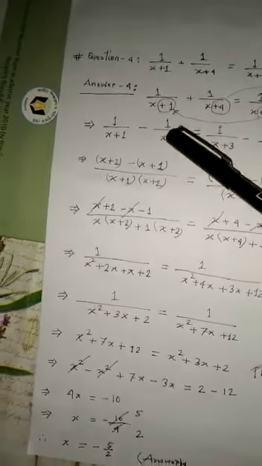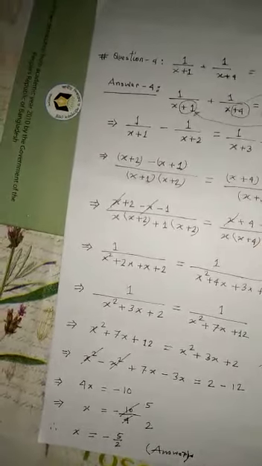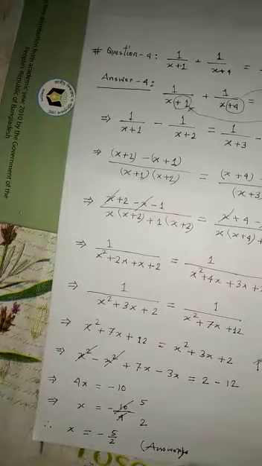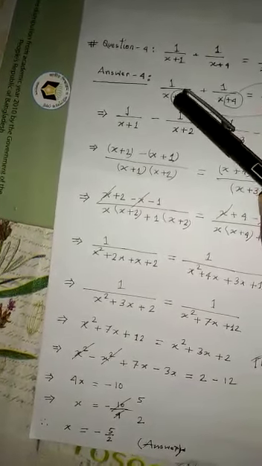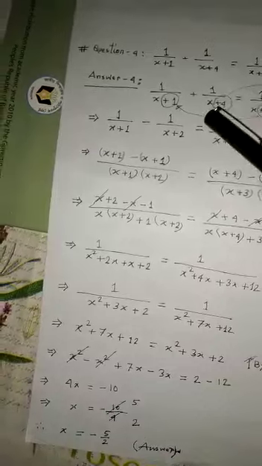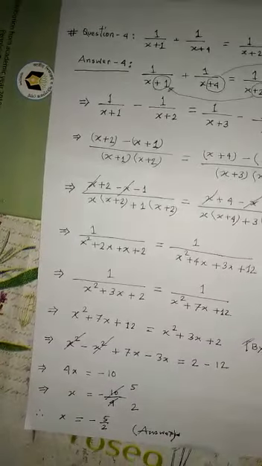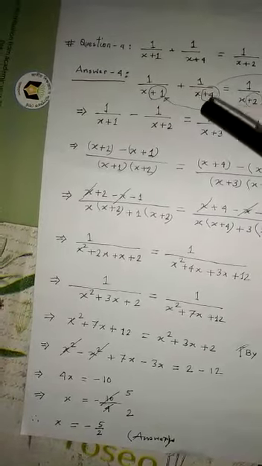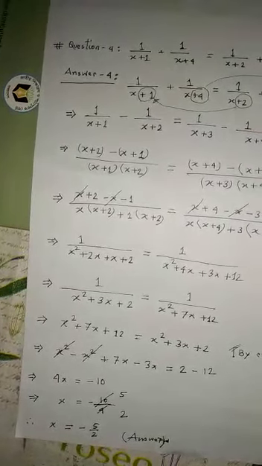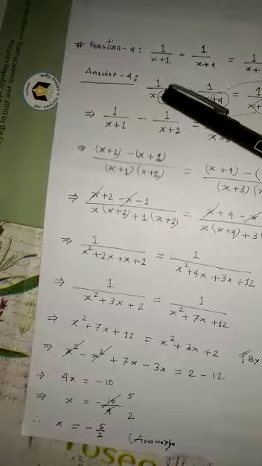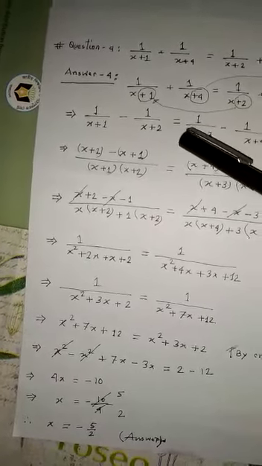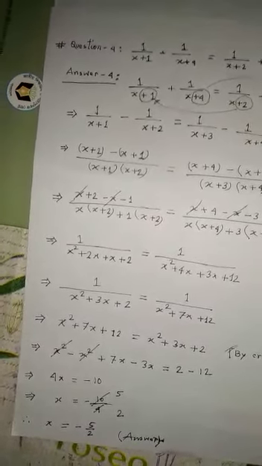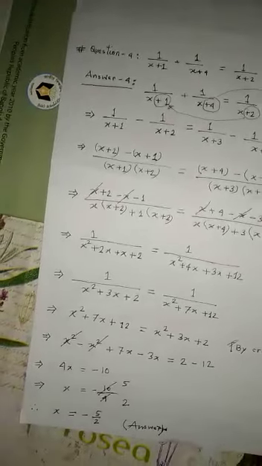So you have to change according to 2 and plus 1, 3, 4. Students may ask me, if I keep 1 by x plus 2 minus 1 by x plus 4 and 1 by x plus 1 minus 1 by x plus 3, yes, it can also be done.